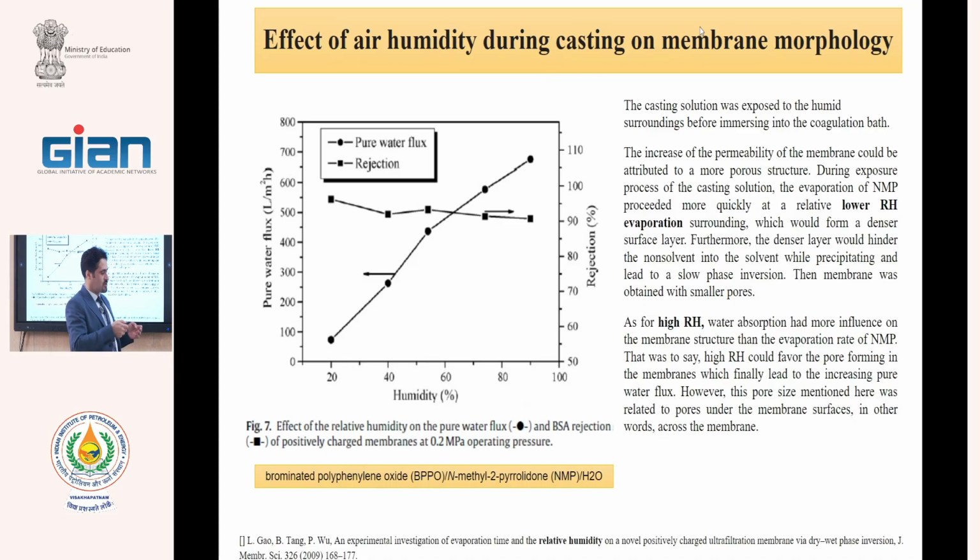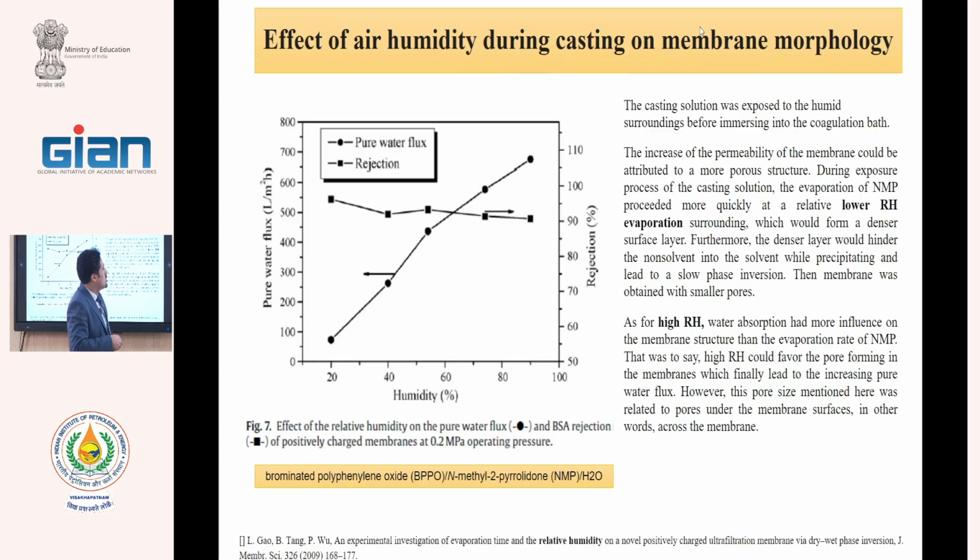In VIPS, vapor-induced, after casting the membrane, we put the membrane in a chamber containing vapor. When we have high humidity, like in India, where now I think we have 80% humidity in the weather, but in Iran we usually have 20% humidity, and in Istanbul 30, 40, okay? Therefore, a membrane fabricated in India will be different from one fabricated in Iran if we do not control the humidity.